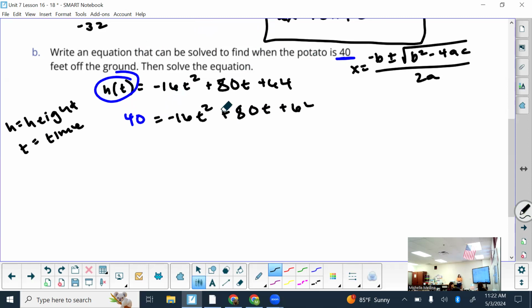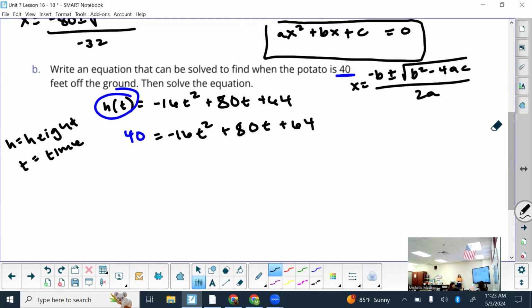So if it looks like this and I want to solve by quadratic formula, I do think that would be the easiest way. I have to make sure it's in standard form set equal to 0. How do I make that 40 become 0? Subtract 40. Whatever you do on one side of the equal sign, line it up with its like term.